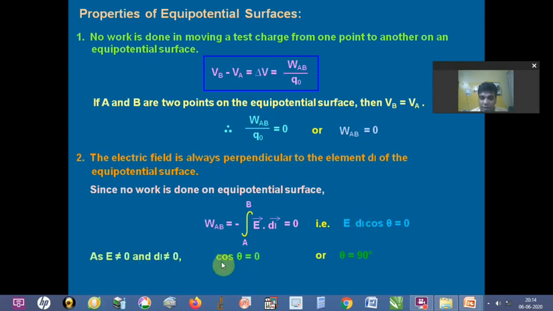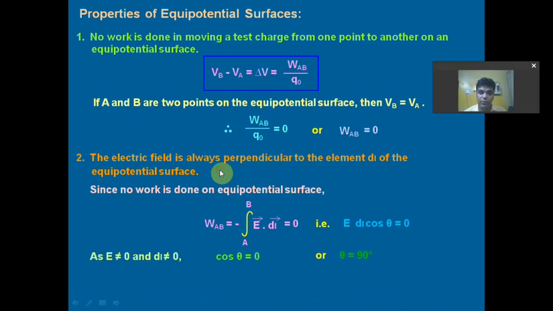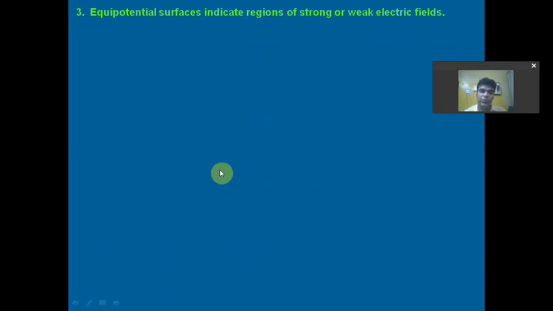Therefore cos theta is equal to 0, and cos theta is 0 when theta is equal to 90 degrees. That means cos theta is always 0 at 90 degrees. So what we have proved here is that the electric field is always perpendicular to the element dl of the equipotential surfaces.